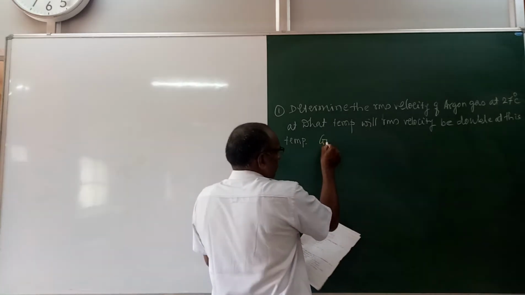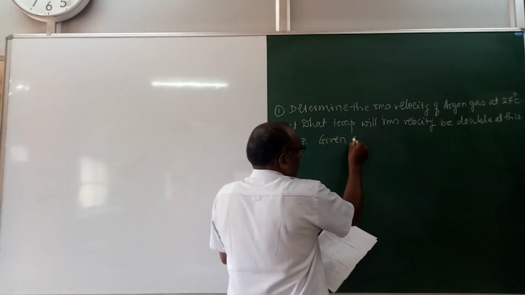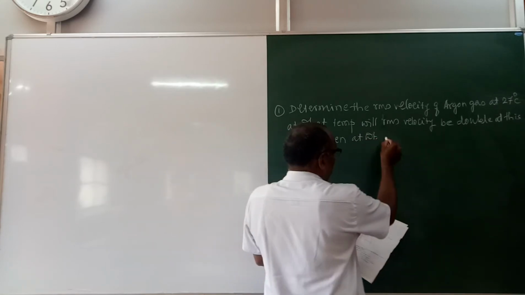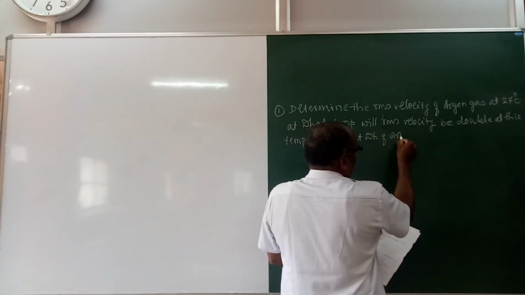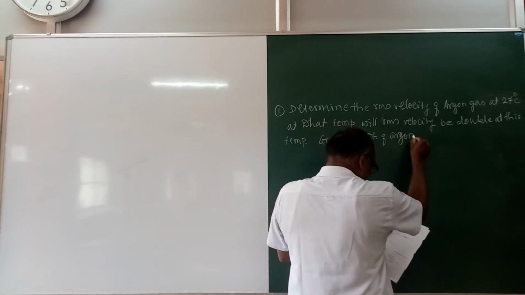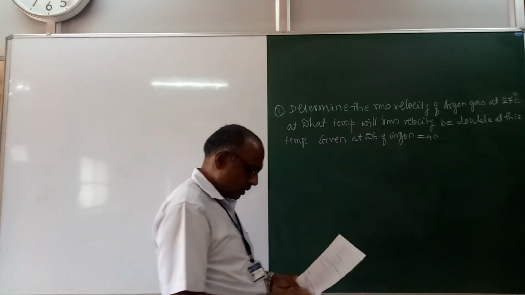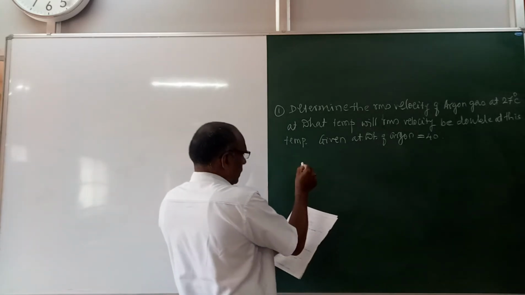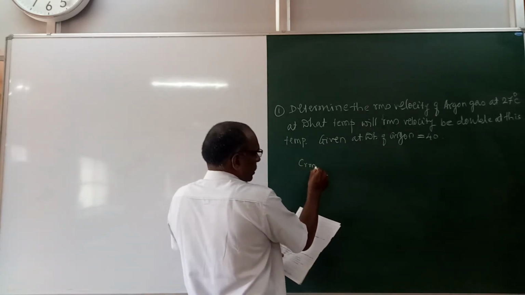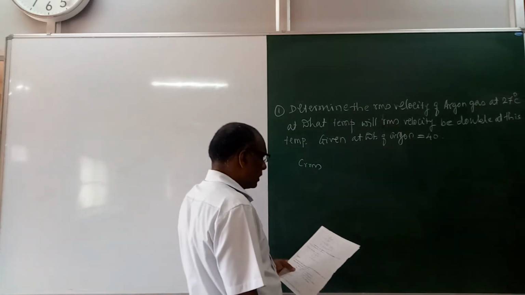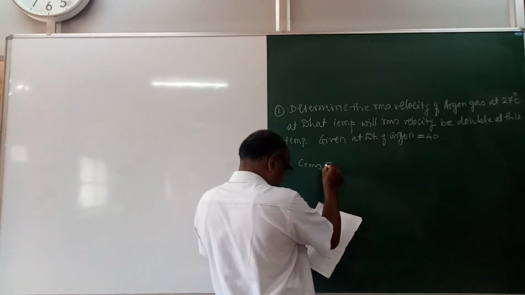Given, atomic weight of argon is 40. This is given. We know that CRMS, only this will be given and the 4 answers will be given. We have to solve it in short.